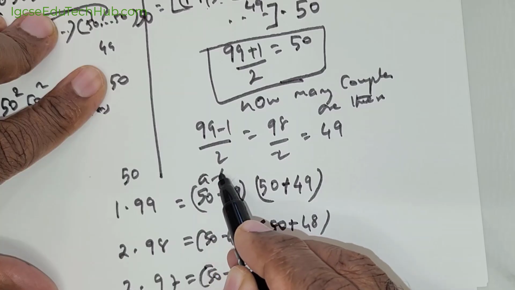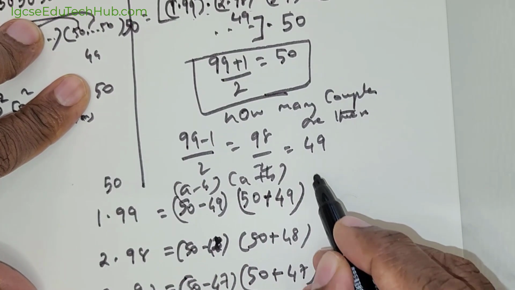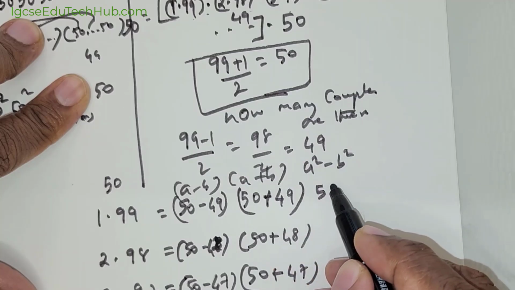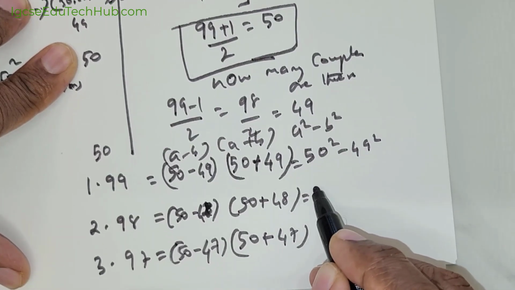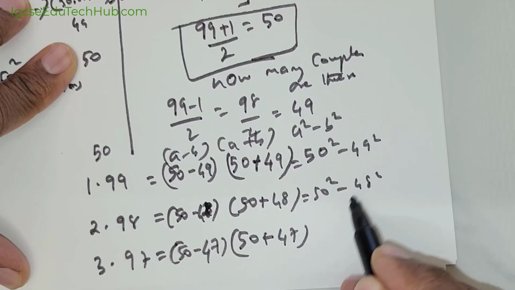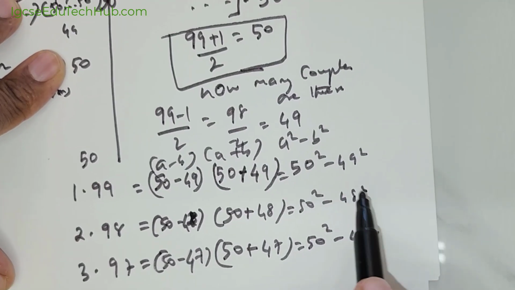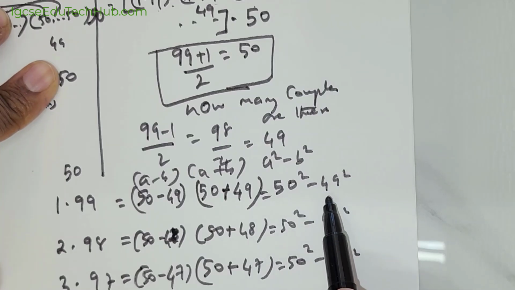Now this is of the form a negative b multiplied with a positive b, right? So this is going to give me a squared negative b squared. So this is nothing but 50 squared negative 49 squared. And what is this? This is 50 squared negative 48 squared. And what is this? This is 50 squared negative 47 squared. Now from 50 squared you are taking away something, right?